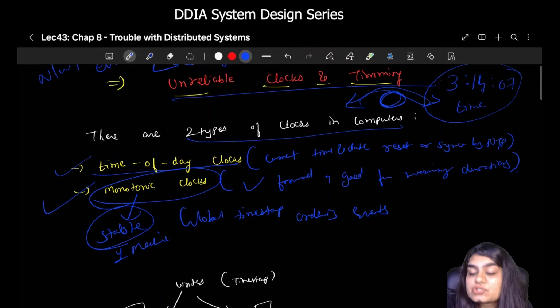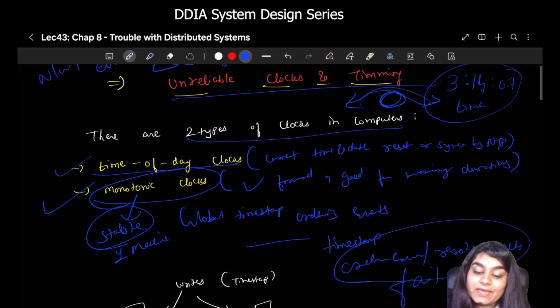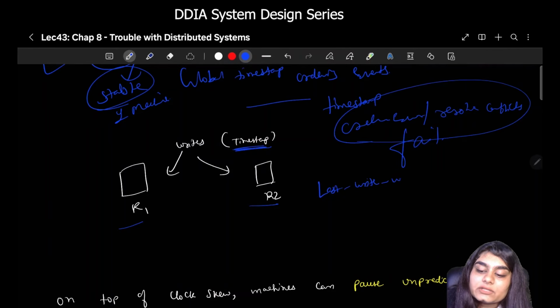Because of clock issues, using timestamps to order events or resolve conflicts can fail. For example, here two replicas accept writes with nearly the same timestamp. You might lose one update under the last-write-wins rule simply because one clock was slightly fast.